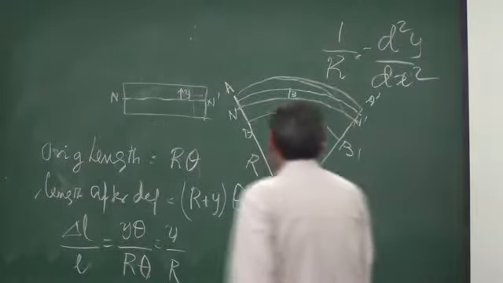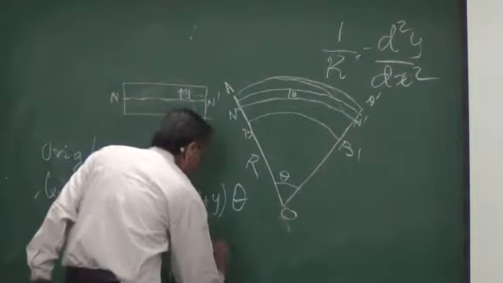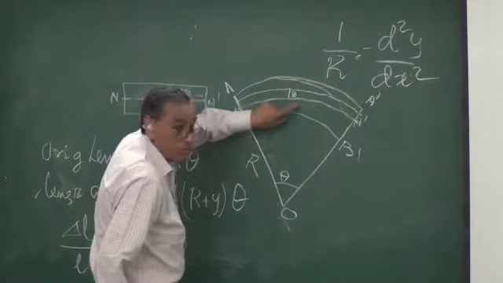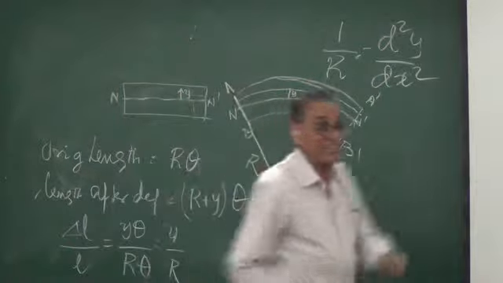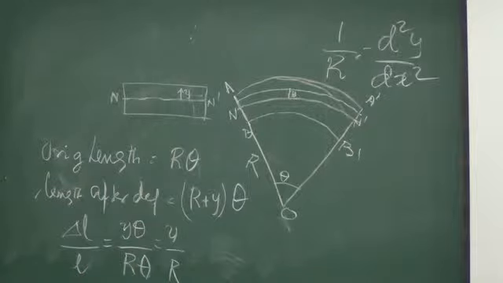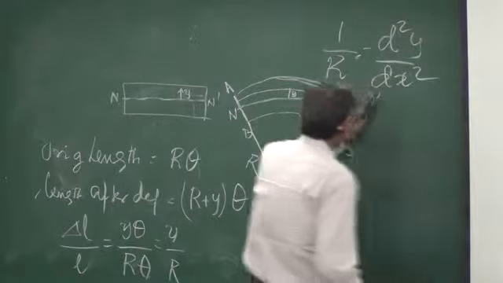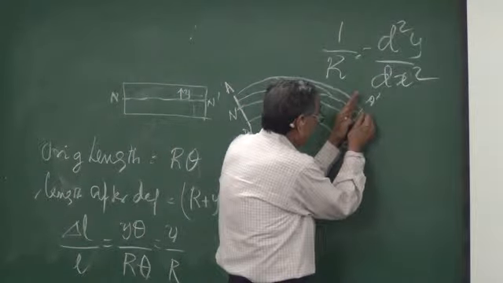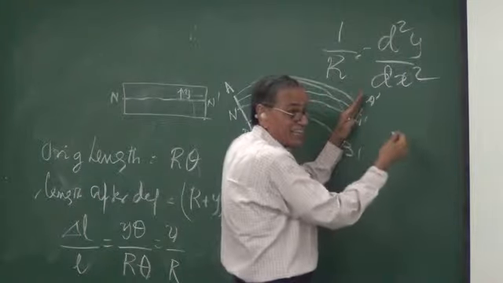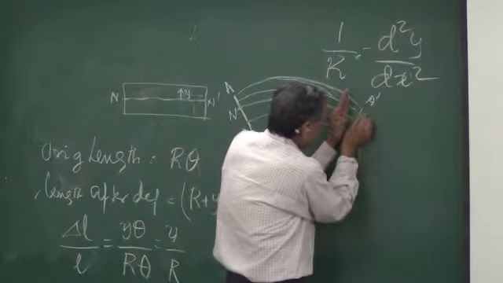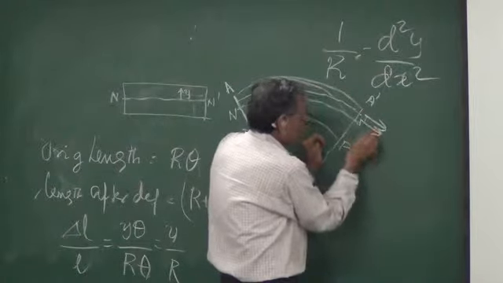So we see that at any point at a height y, the strain is y by r, where 1 by r is d square y by dx square, y as a function of x for this curve. Now you take a plane like this, then all the lines above the neutral line are extended, so if you remove the material at the right, at that cross section there will be tensile forces.